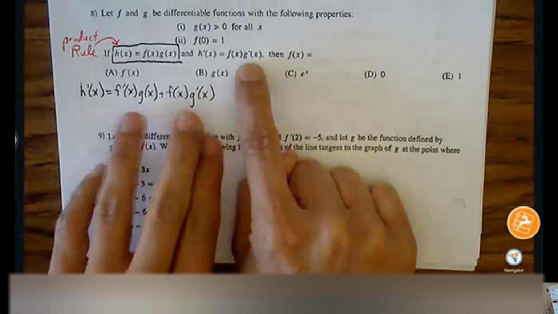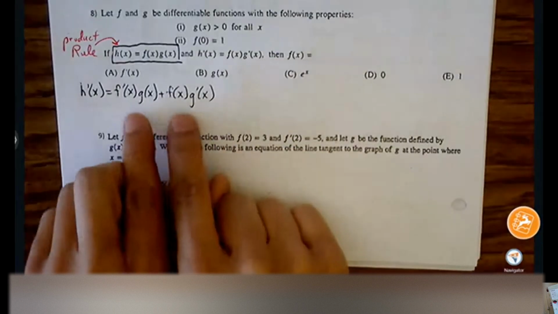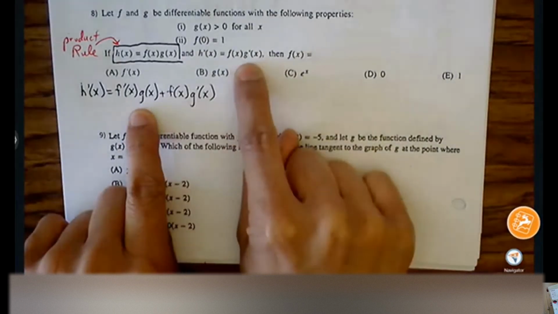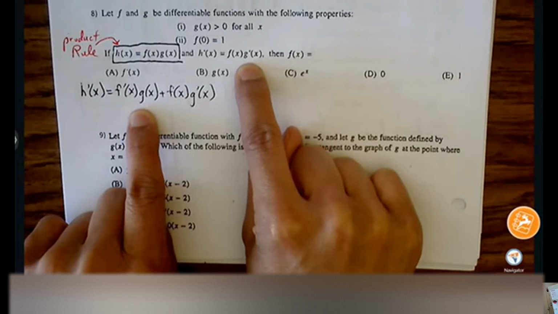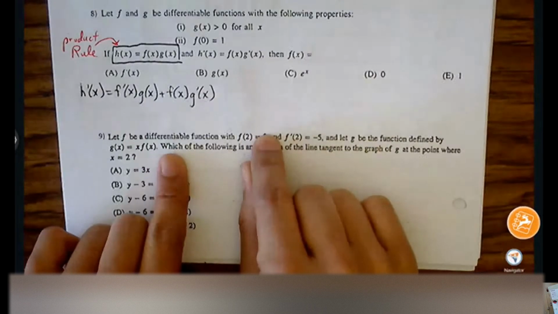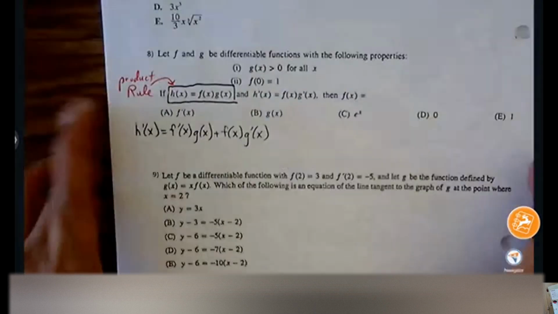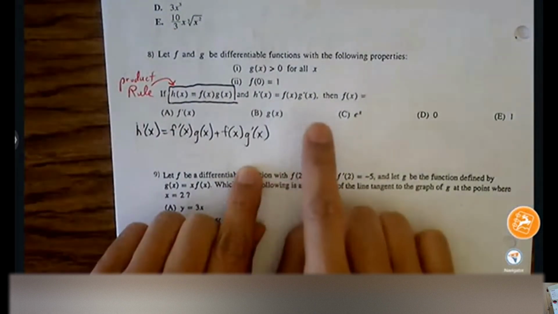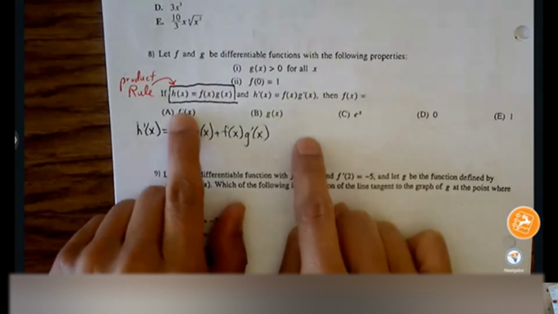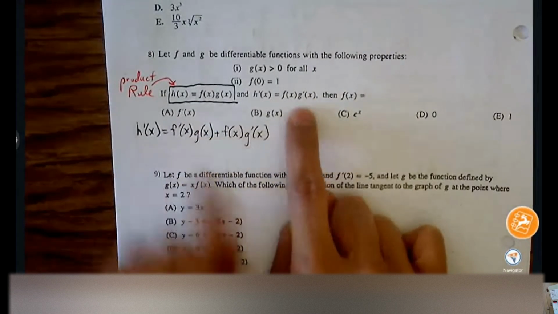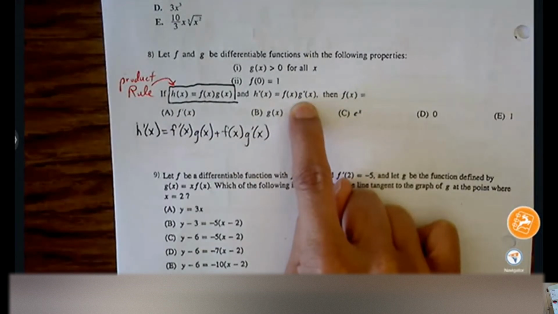So what conclusion can we make as to why our derivative looks different from theirs? Or why do you think this has disappeared from this h prime?